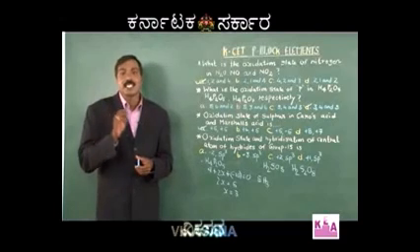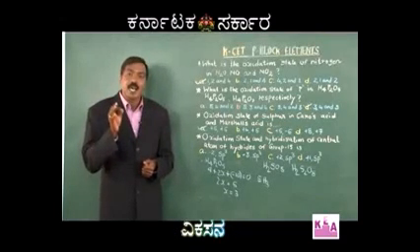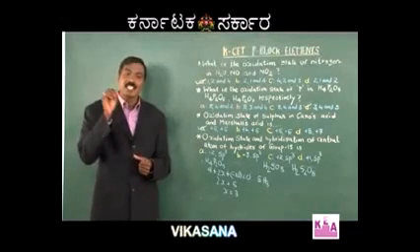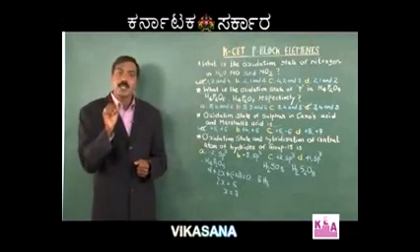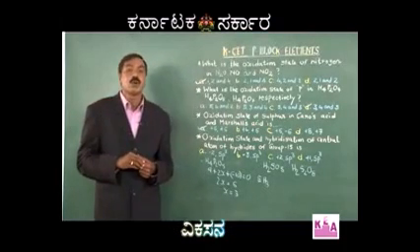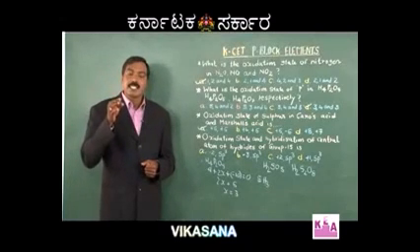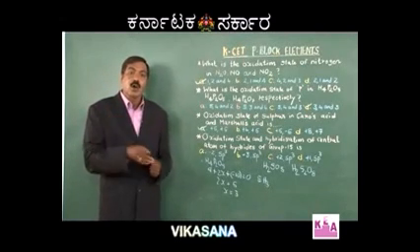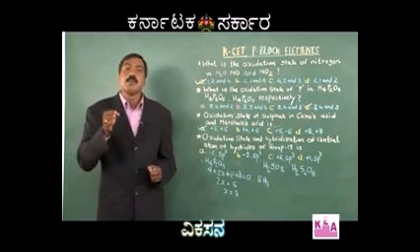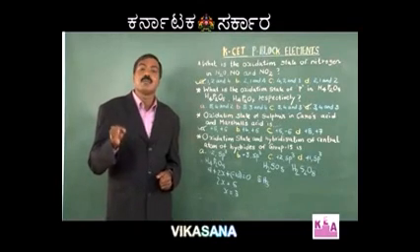In all these cases, the oxidation state of the central element happens to be -3. Work it out. You have NH3, x is for nitrogen, x plus 3 into 1 is equal to 0. Therefore, x is equal to -3, understanding that the central atom in hydrides of group 15, oxidation state of it is -3 and the hybridized state of it is sp3.